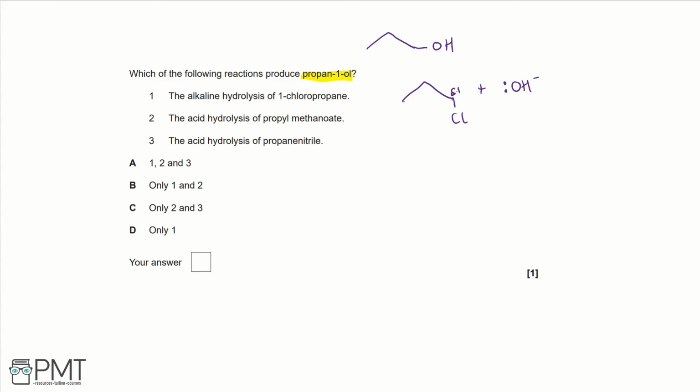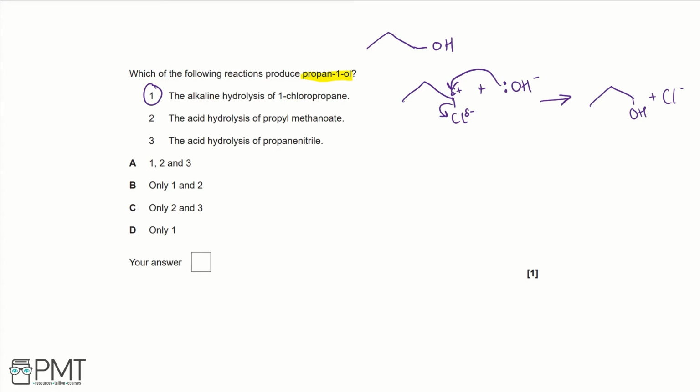If we have a delta positive here and a delta negative here, this is going to be nucleophilic substitution, where the chlorine is substituted for this OH. And then we're going to form our propan-1-ol. So 1 is correct, and it does produce propan-1-ol.